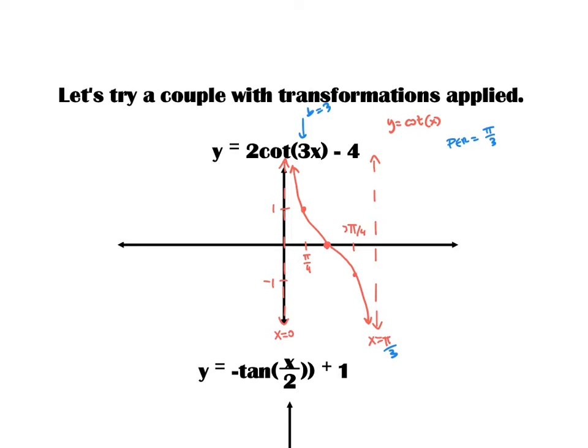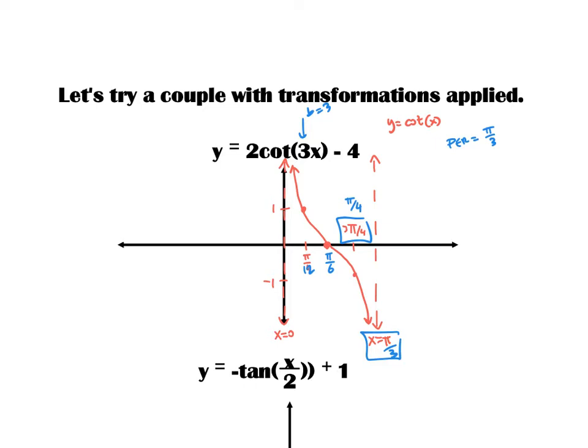So now this x value will be pi over 3. This x value will be 3 pi over 12, which is pi over 4. This x value was pi over 2, now it's going to be pi over 6, and this x value will be pi over 12 if I divide that by 3. So in this case, I've just readjusted my values for the inputs.